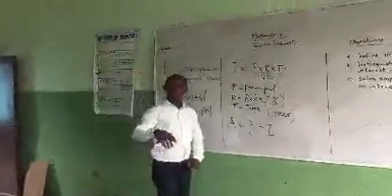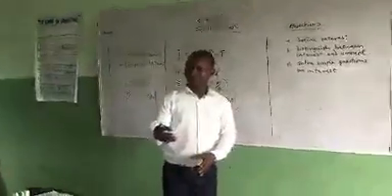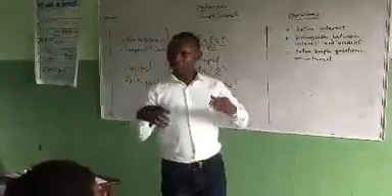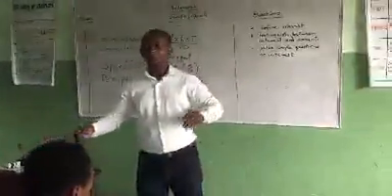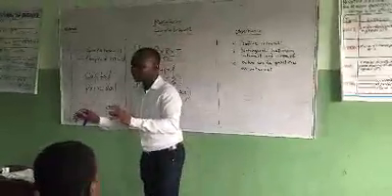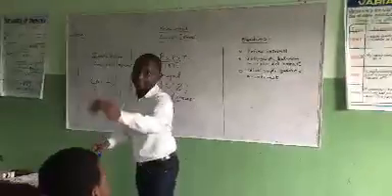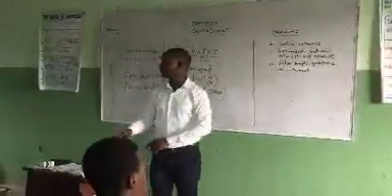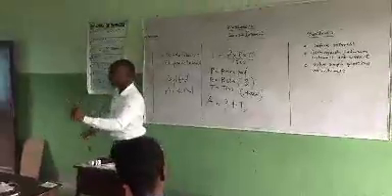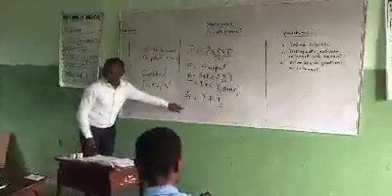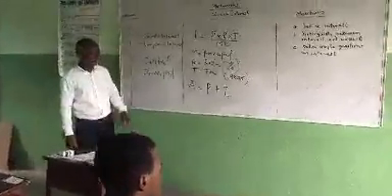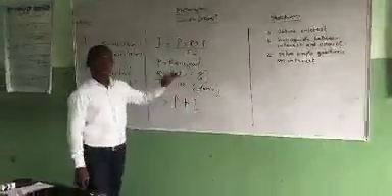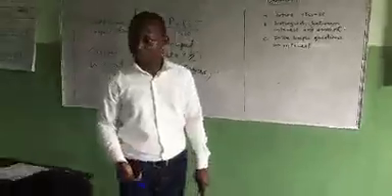So if somebody borrows an amount of money from a bank, from another person, from money lenders, or from anywhere, by the time you are returning the money, you are not only returning the capital, you are returning what is called amount. Amount equals principal plus interest.